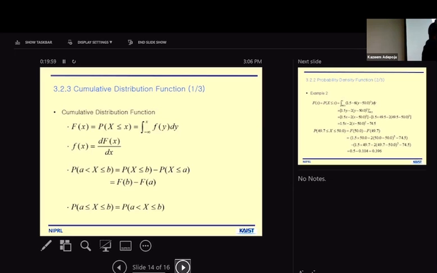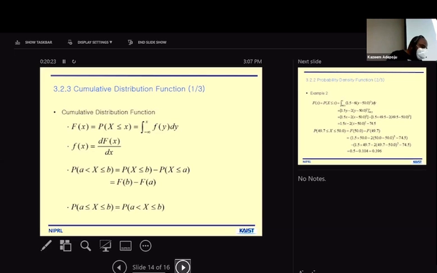Now, if I want to get a CDF, which is an uppercase F, for a continuous random variable, the CDF means the probability that a random variable will be less than or equal to a realized value. Look at that. What am I going to do?